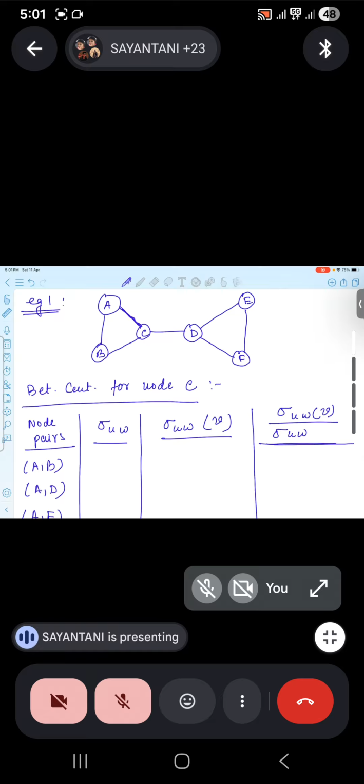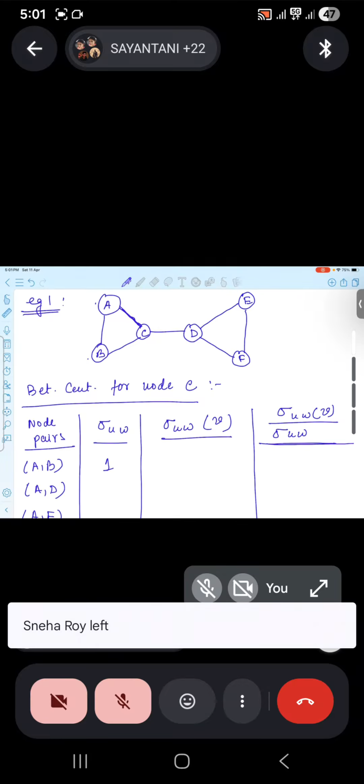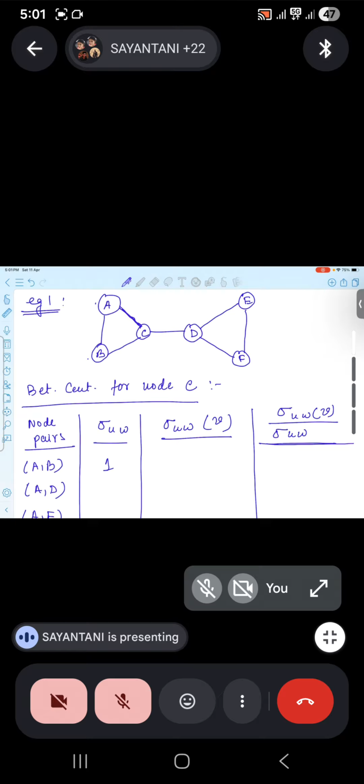All right. Now, how to fill up this table? For sigma uw, I have to check whether there is a shortest path between node A and B. Between A and B, yes, there is only one shortest path, the total number of shortest paths is one. Now I have to check the third column. Does this shortest path pass through C?